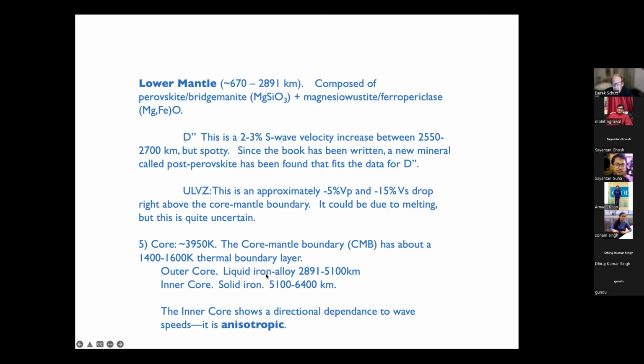The outer core is a liquid iron alloy and may have a light element like sulfur in it. And the inner core is iron and nickel, and that extends from 5,100 to 6,400 kilometers. The inner core shows a directional dependence to wave speeds, and that's called anisotropic, and we're going to talk about that later today.